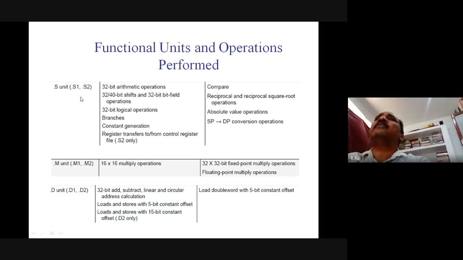Now the .S unit, either S1 or S2. These are the fixed point operations: 32-bit arithmetic operations, 32 to 40-bit shifts and 32-bit field operations, 32-bit logical operations, branches, and constant generation. The register transfer to and from the control register is also done only by the .S2.